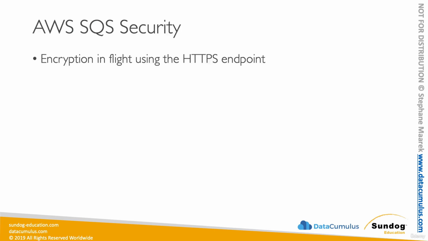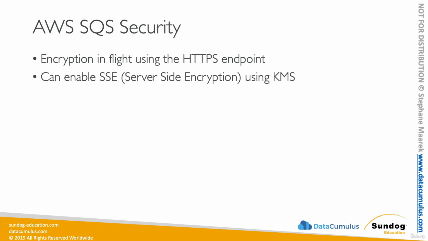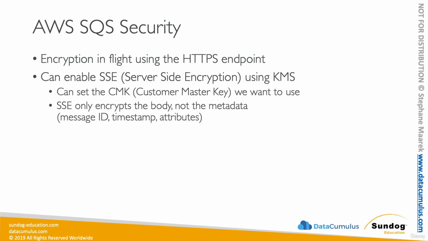Now, in terms of SQS security, well, we get SSL encryption in flight if we use the HTTPS endpoint for SQS, which is the default. And we can have server-side encryption using KMS. For example, we can set the master key we want to use, and then SSE, the KMS, will directly encrypt the body of the message we send to SQS, but not the metadata itself.